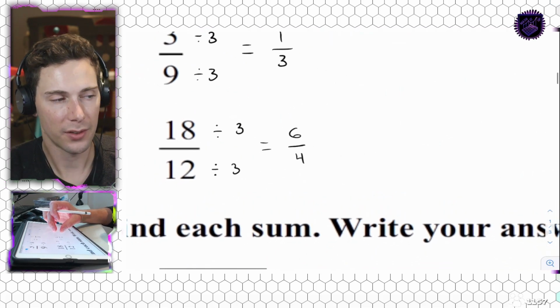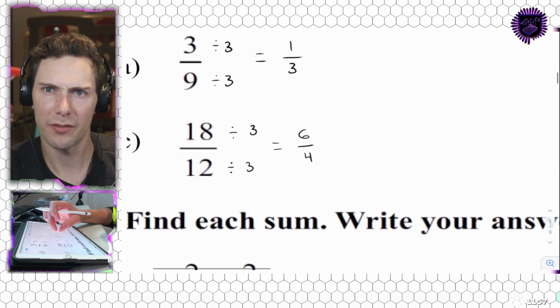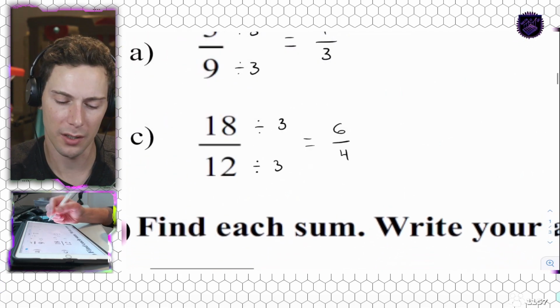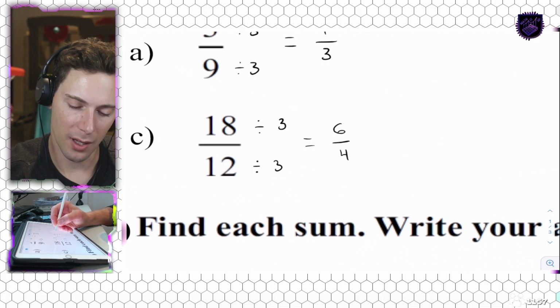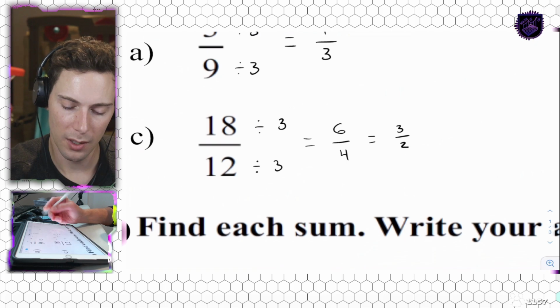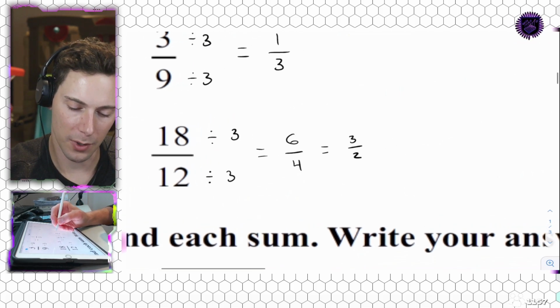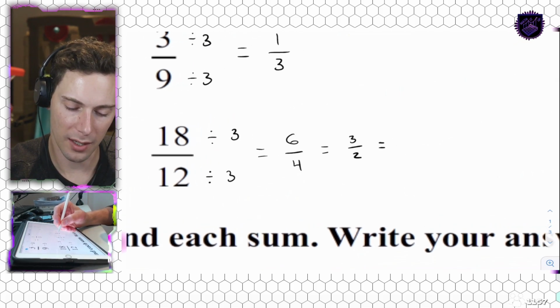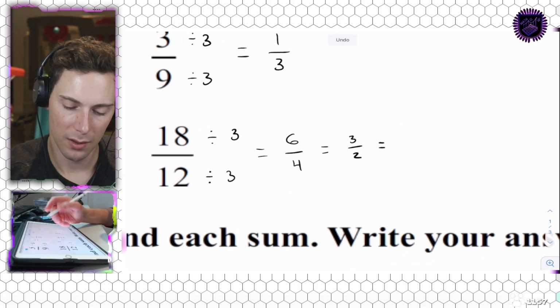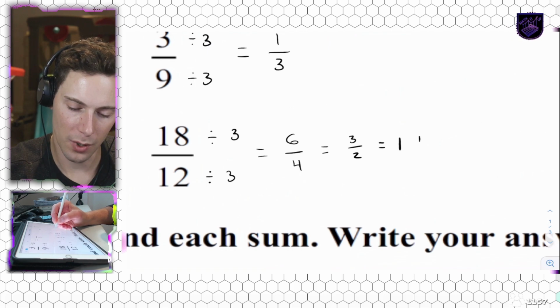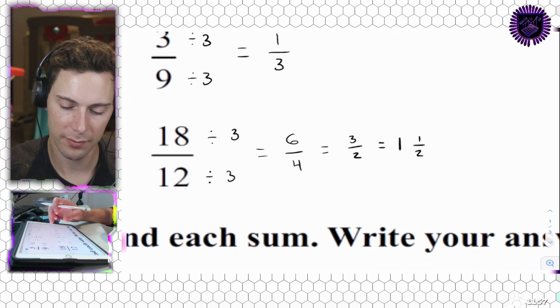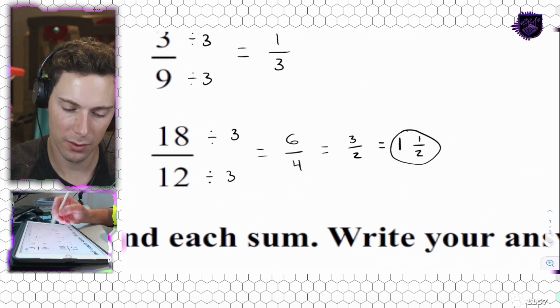And we're like, oh, there's still a common factor between these two that's greater than 1, and it's 2. So we can then simplify to 3/2, and then we need to write it as a mixed number, which is take that group of 2 away from the 3, and it's going to be 1 and 1/2. Final answer, circle it.